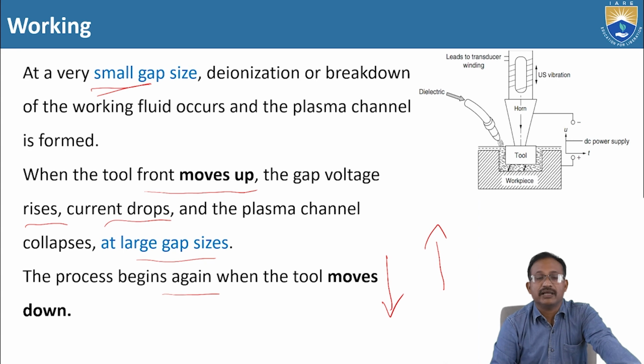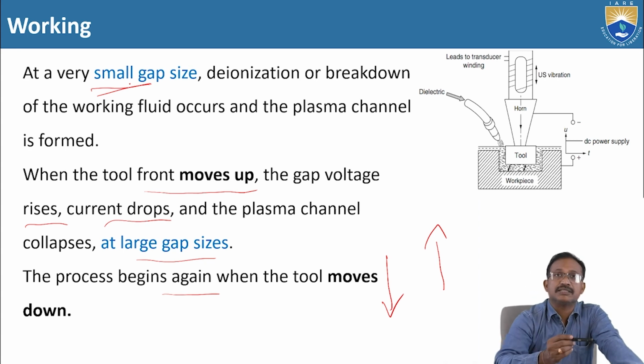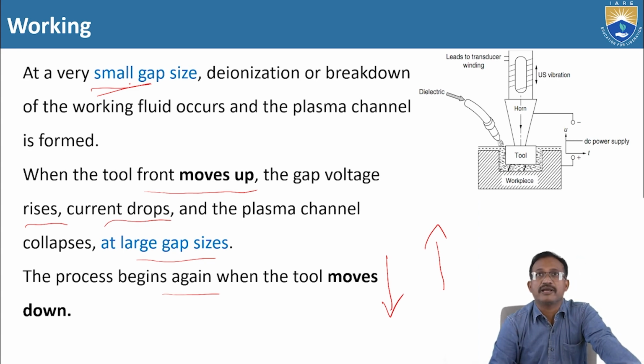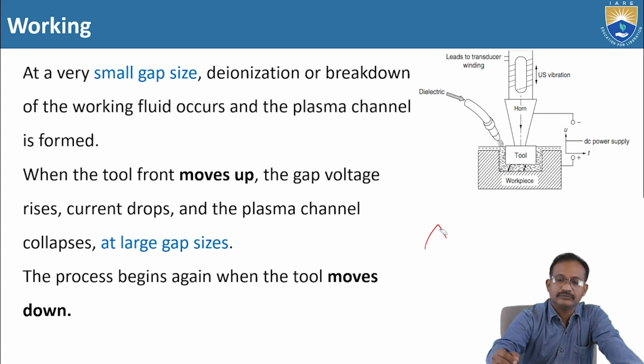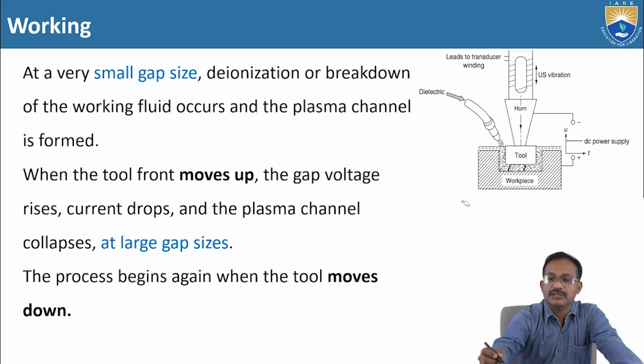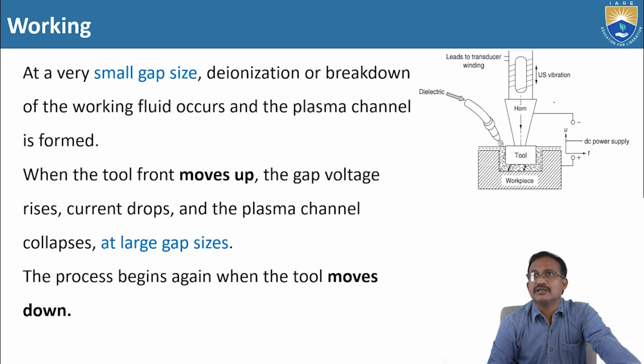Here again, just look at this very small gap size. Deionization or breakdown of the working fluid occurs and the plasma channel is formed. Look here, it will go up and down, and the gap size will increase and decrease.